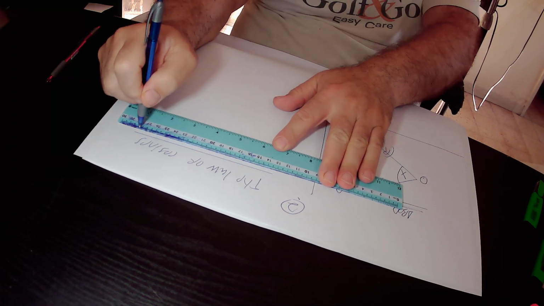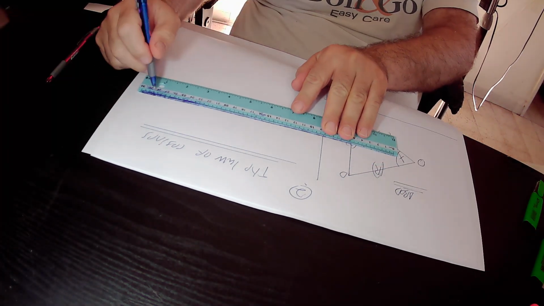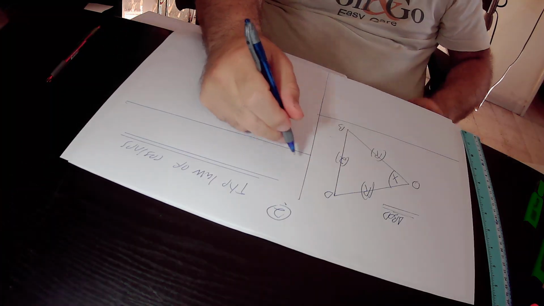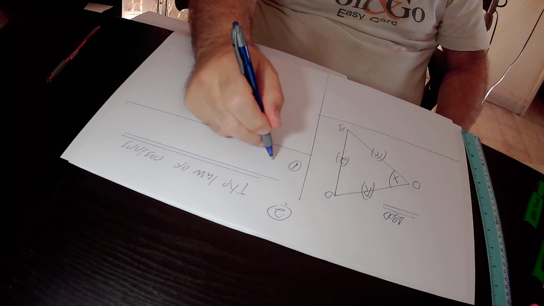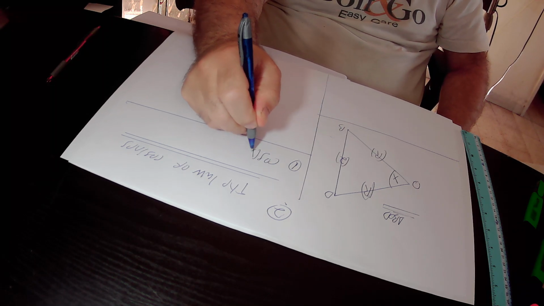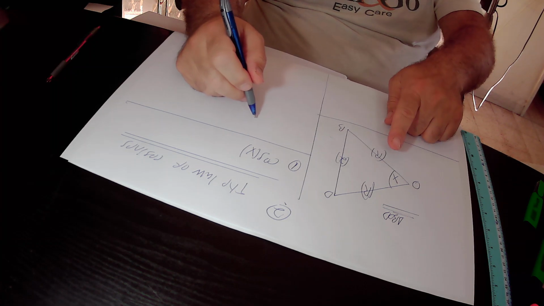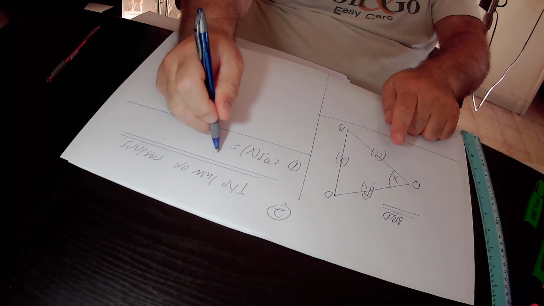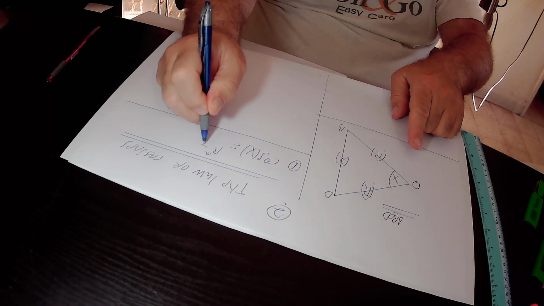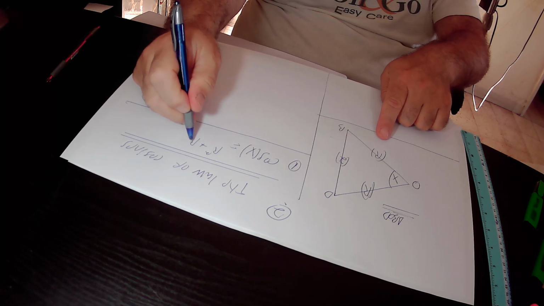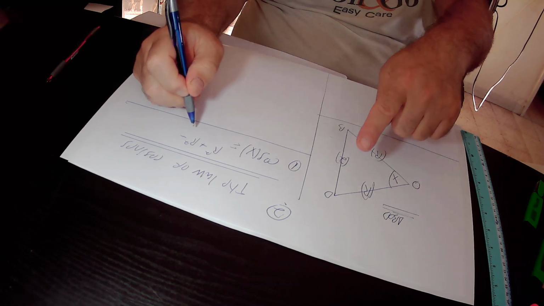Repeat again, according to the law of cosines, in this triangle, triangle DOB, cosine x equals OD squared. OD is R, therefore OD squared is R squared, plus OB squared. OB is also R, therefore OB squared is R squared, minus DB squared.